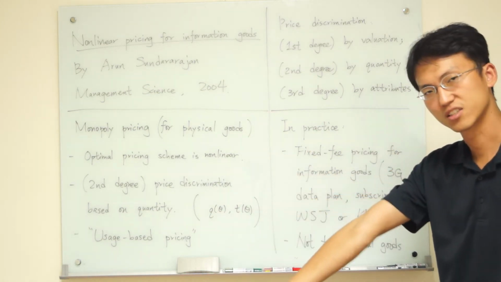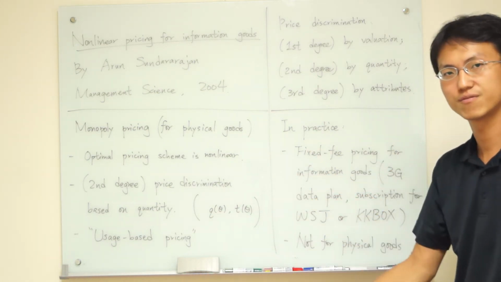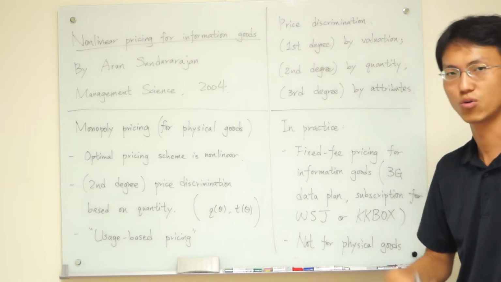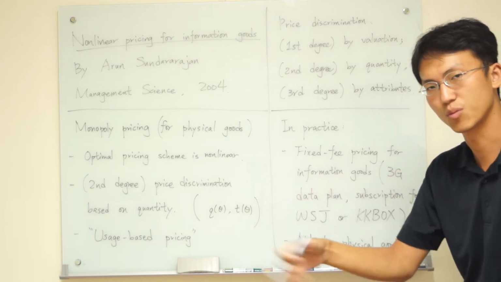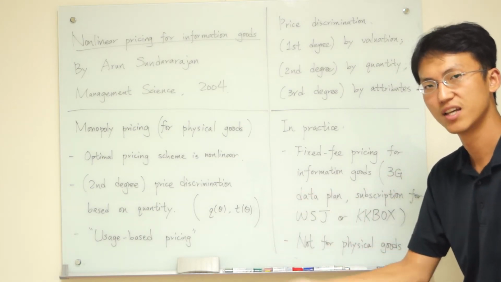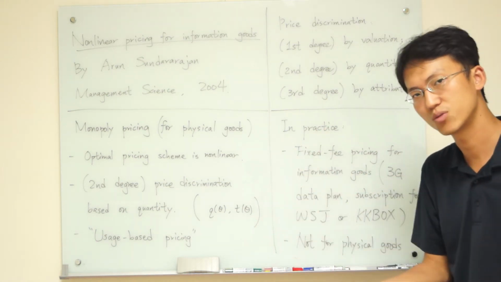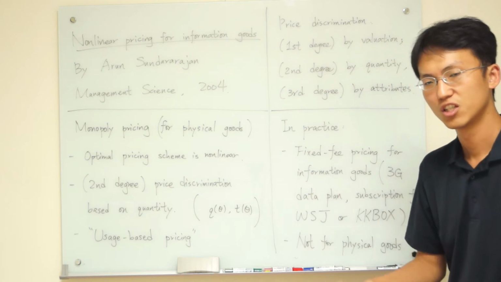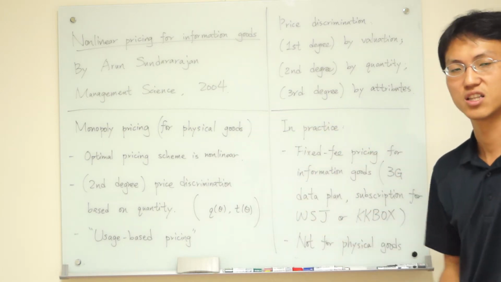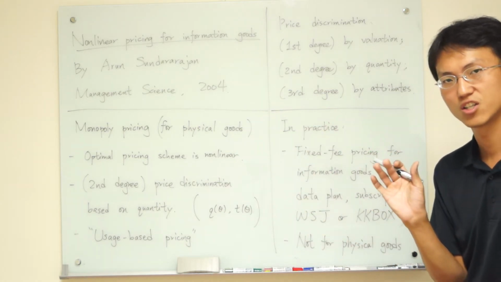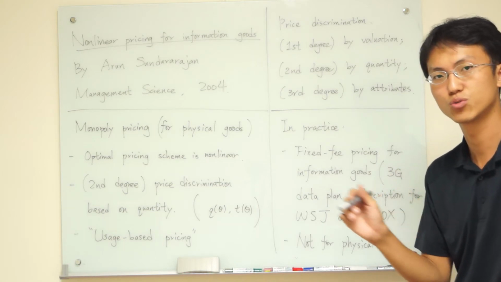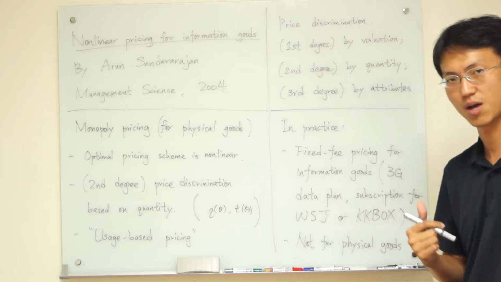There are some products where you pay a certain amount of fees or price. You pay a fixed price, and then within a time period, you are allowed to enjoy the quantity you want. You are buying some kind of all-you-can-eat option.